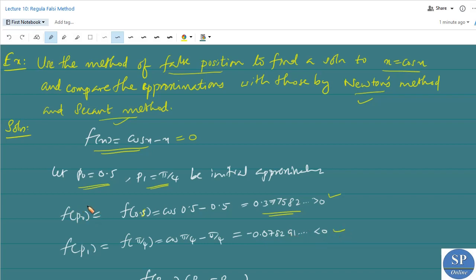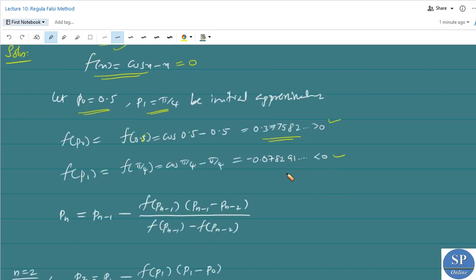So f of P0 is greater than 0 and f of P1 is less than 0. Therefore, f of P0 times f of P1 is less than 0. That means the root P lies between the points P0 and P1. By the Regula-Falsi method, the formula is the same as the formula in the secant method.